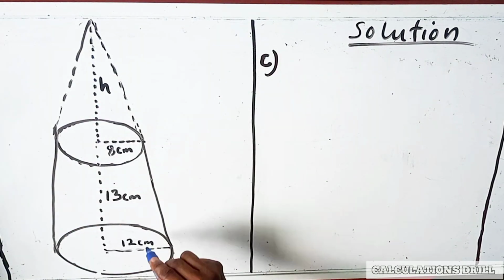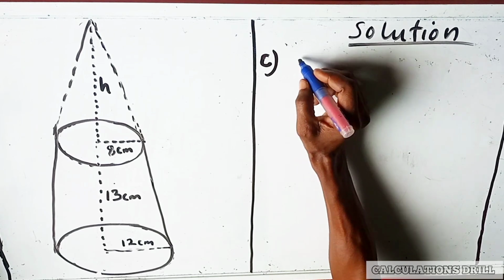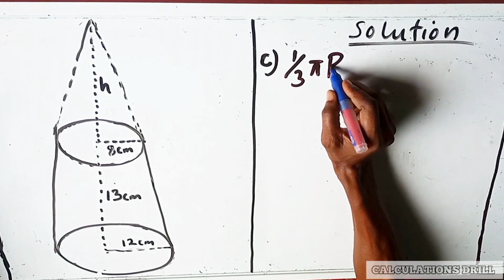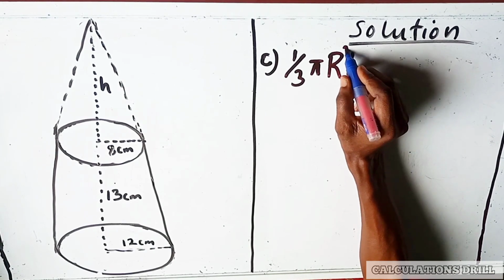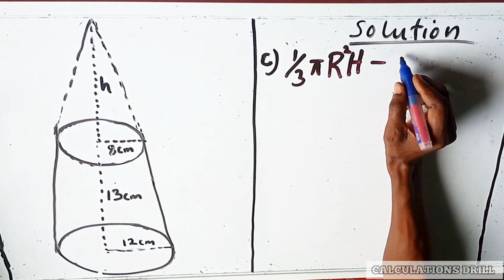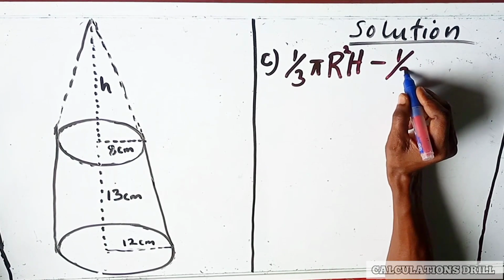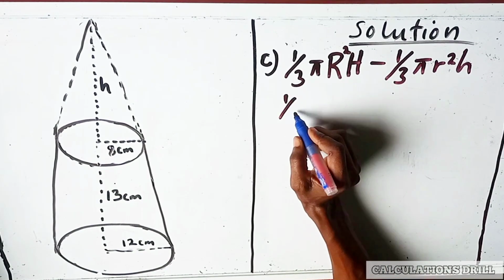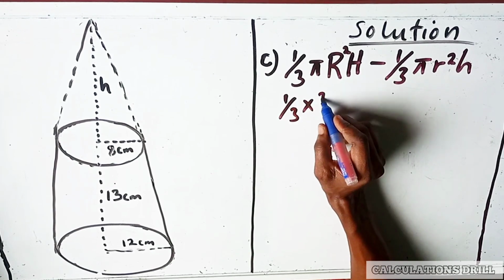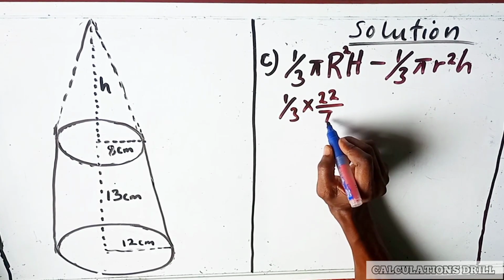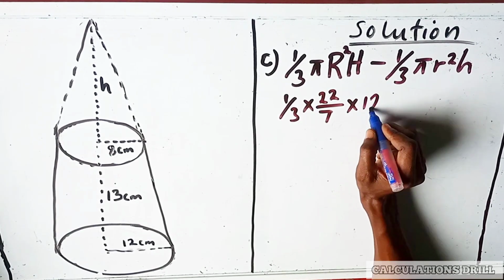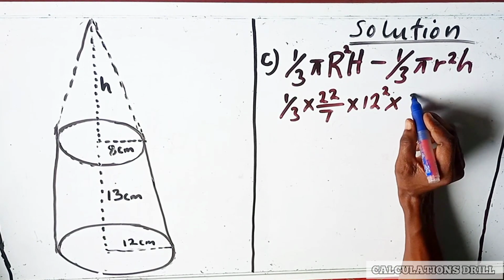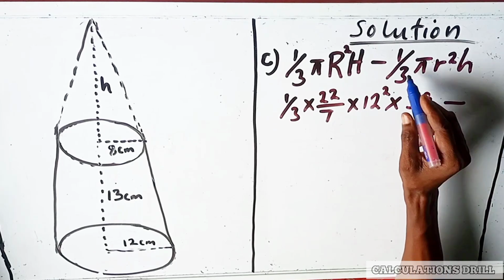The next one is volume. So we need to do that. We're going to use the volume of the bigger cone to subtract the volume of the smaller cone. That's what you can see on the board based on the formula. So don't forget, let's input the values. 1 over 3 times 22 over 7 times our big R, which is 12, the big radius, and our big height is 39.